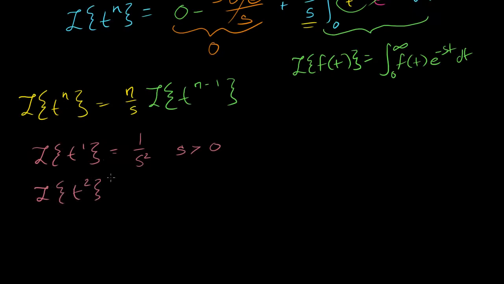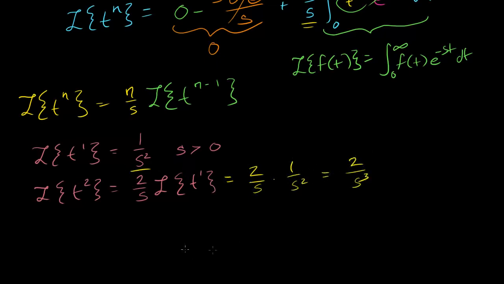The Laplace transform of t squared is equal to 2 over s times the Laplace transform of just t to the 1, right? 2 minus 1. Well, we know what that is. This is equal to 2 over s times 1 over s squared, which is equal to 2 over s to the third. Interesting.